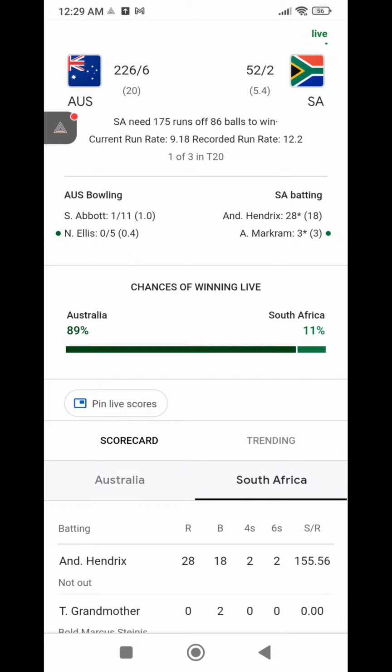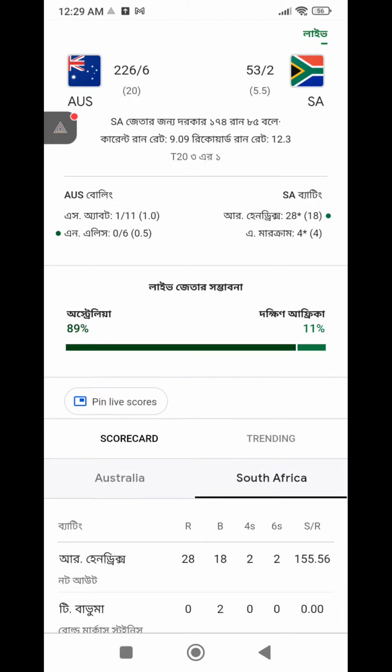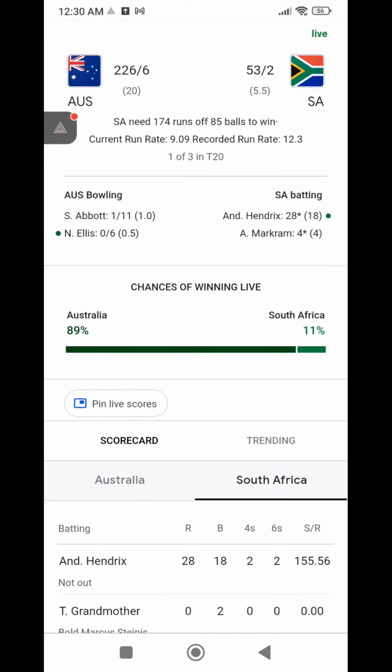South Africa need 175 runs off 86 balls to win. Current run rate is 9.09 and the required run rate is 12.3. Aiden Markram 4 of 4 and Hendricks 28 of 18.